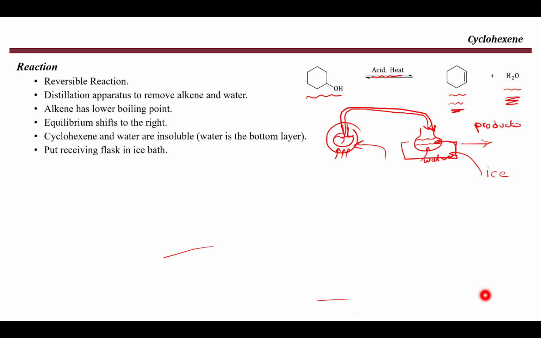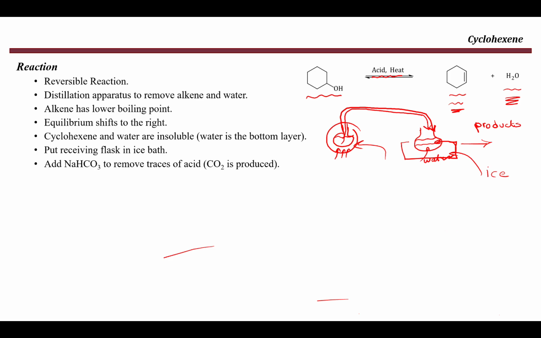So we want to decrease the temperature as much as possible so that the collected cyclohexene doesn't evaporate, because otherwise the yield, or the collected amount of cyclohexene, will be very low. In fact, you will be able to know that cyclohexene easily evaporates due to its smell, which you are going to smell in the lab. So this is a reason for using an ice bath in the reaction.